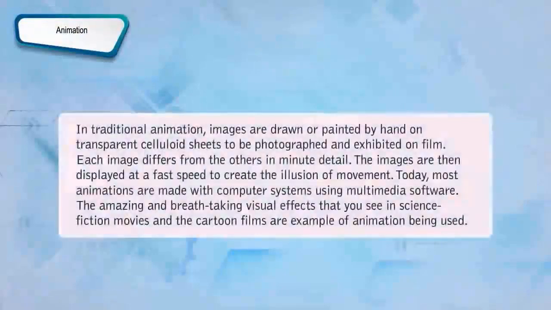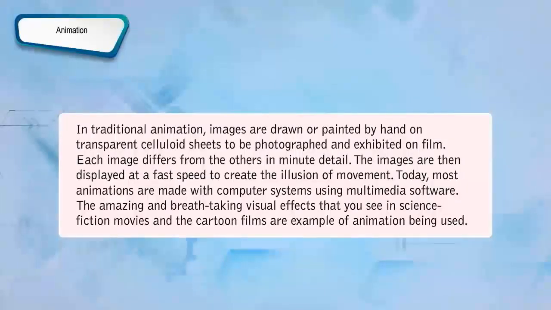Animation. In traditional animation, images are drawn or painted by hand on transparent celluloid sheets to be photographed and exhibited on film. Each image differs from the others in minute detail. The images are then displayed at a fast speed to create the illusion of movement.